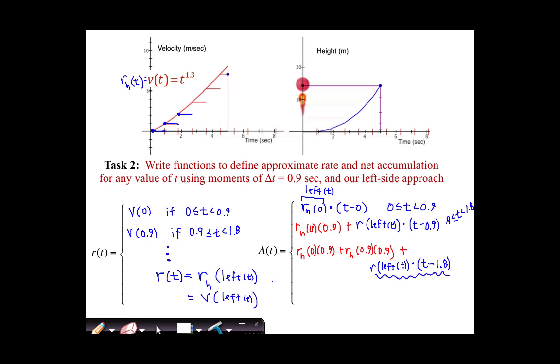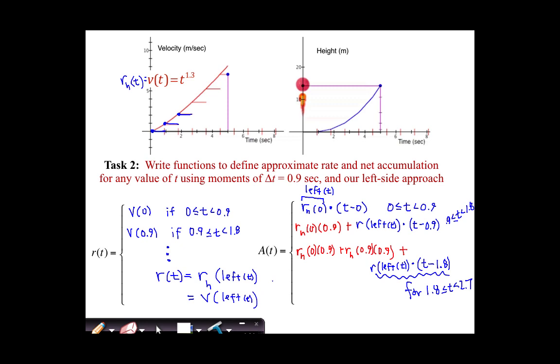So that left description only has one value at a time. When I say left of t and my t value is 1.8 through 2.7, left of t is 1.8. So this is saying use the rate at 1.8 for however long. It depends on exactly what t is. But if it's in this third interval, it's something between 1.8 and 2.7, so that this difference here comes out somewhere between 0 and 0.9.